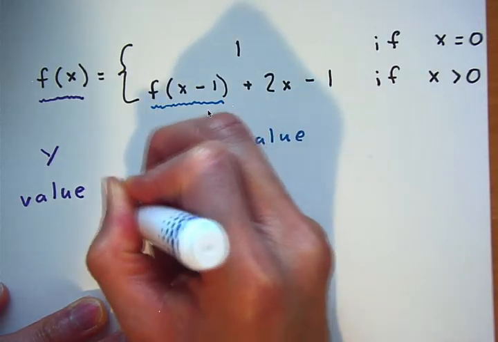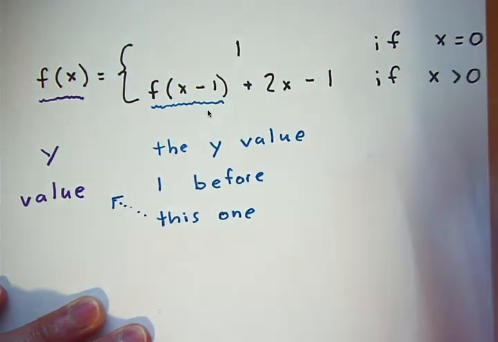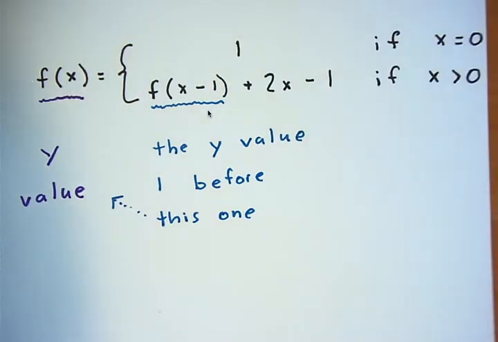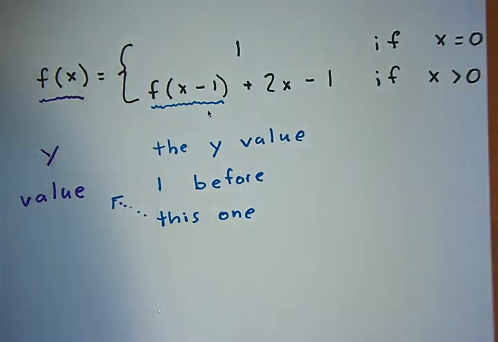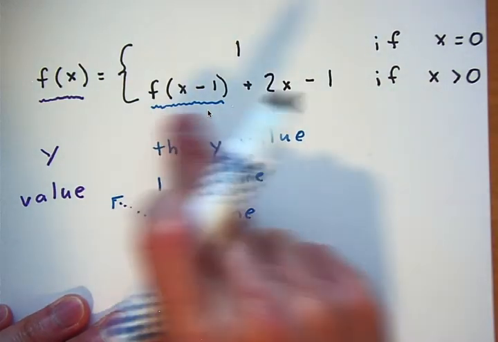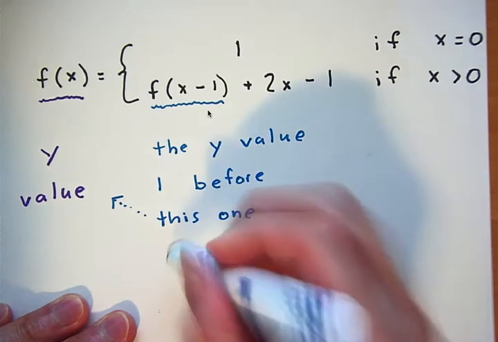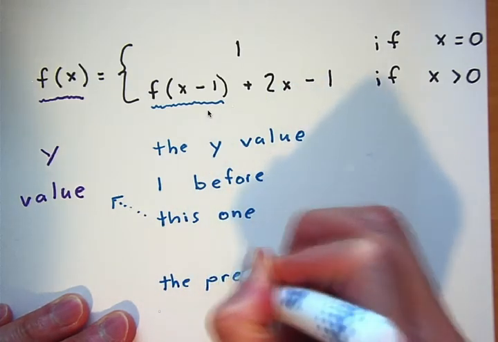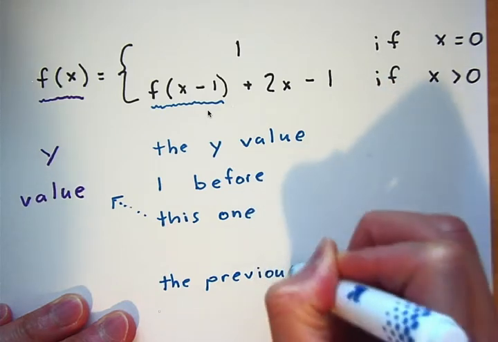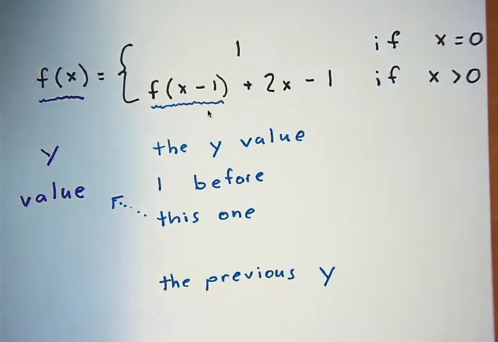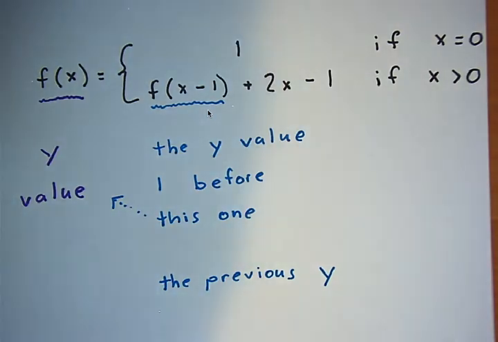One before this one. That's what that -1 is indicating. Another way you can just think of this, if this is too many words for you, you can just think of that piece right there as meaning the previous y. Pause here. Hit play when you're ready to continue.